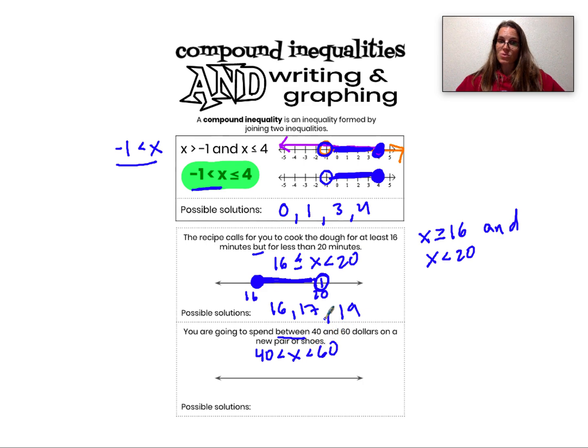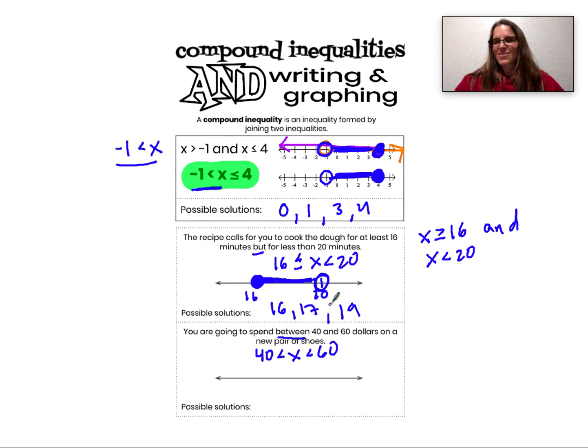Sometimes that may be correct with the word "between", but if we think about this situation, if you told me, I'm going to spend between $40 and $60, I think you'd agree that you mean you might spend $40 or you might spend $60. You don't mean, oh, I only am going to spend $40.01 up to $59.99.